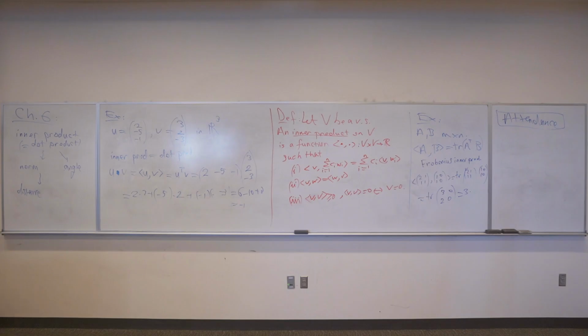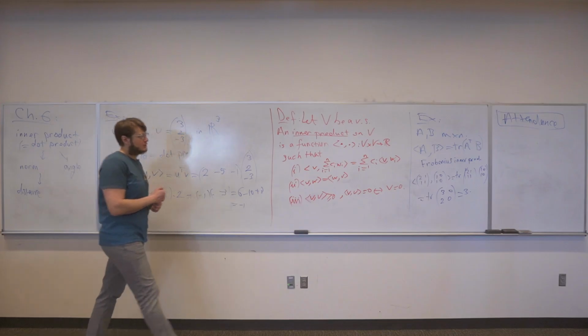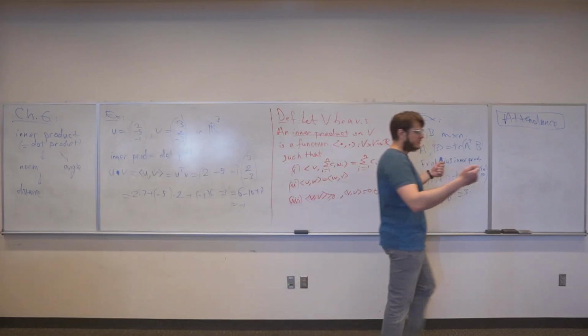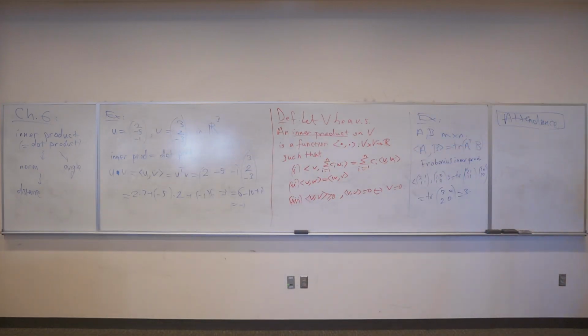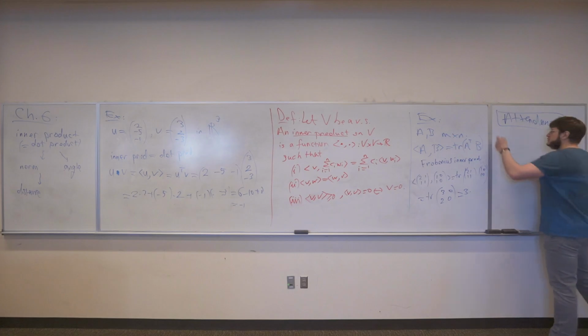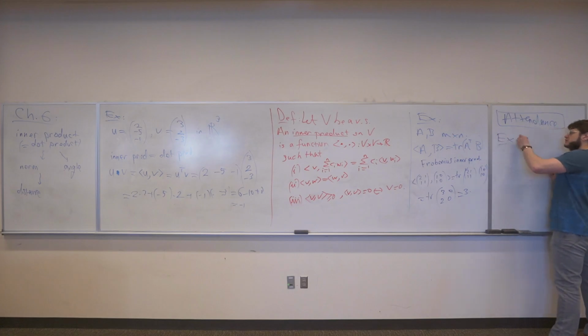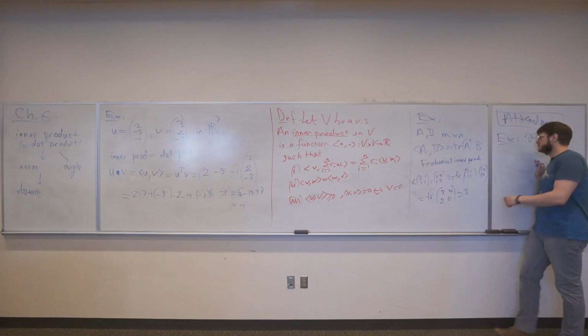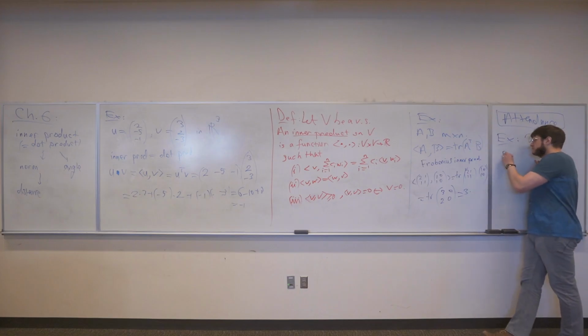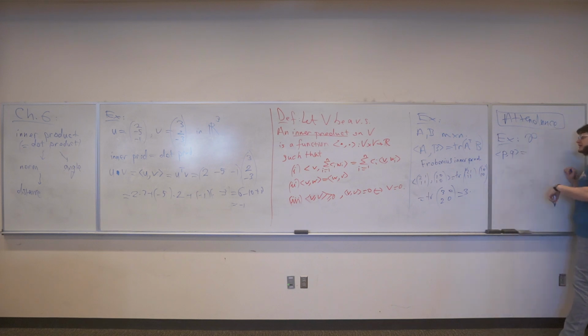Maybe I should give one more in the context of polynomials. What you can do is you can take two polynomials, multiply them, get another polynomial, integrate. Take arbitrary two polynomials, okay? And then take their inner product to be this.